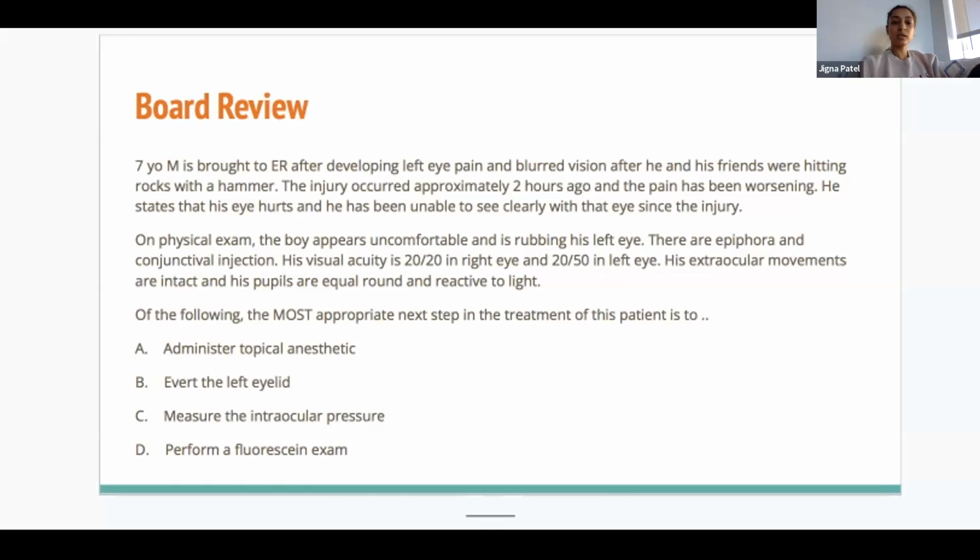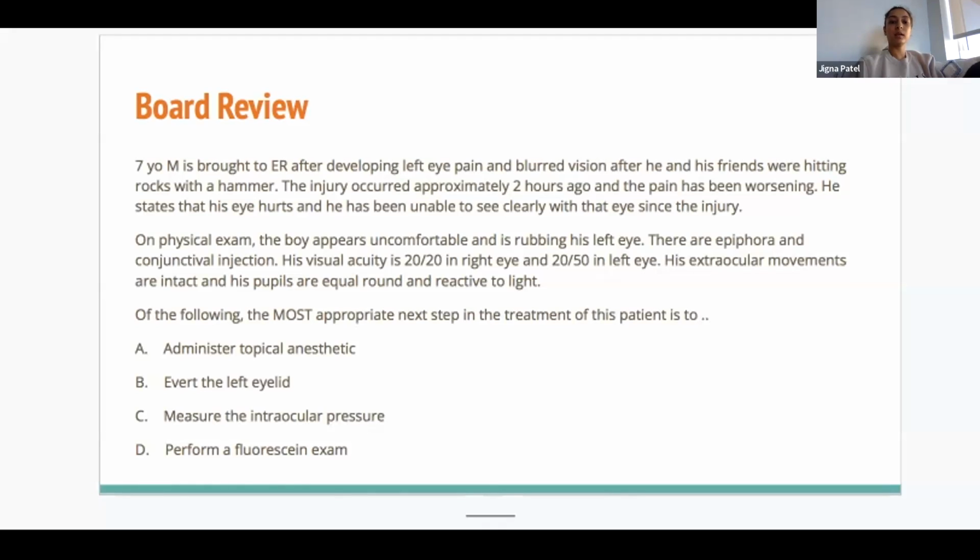And then tonometry is basically to look for any sort of acute angle closure glaucoma, if it's suspected in this patient, or to obtain any sort of baseline measurement in the setting of any blunt eye trauma. It may be indicated in our patient with a possible corneal abrasion, but it is contraindicated as it can worsen any sort of existing corneal injury.